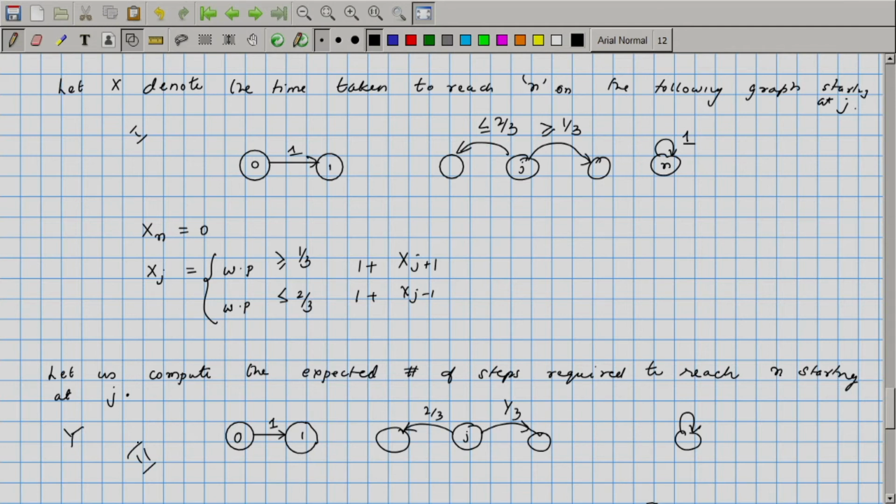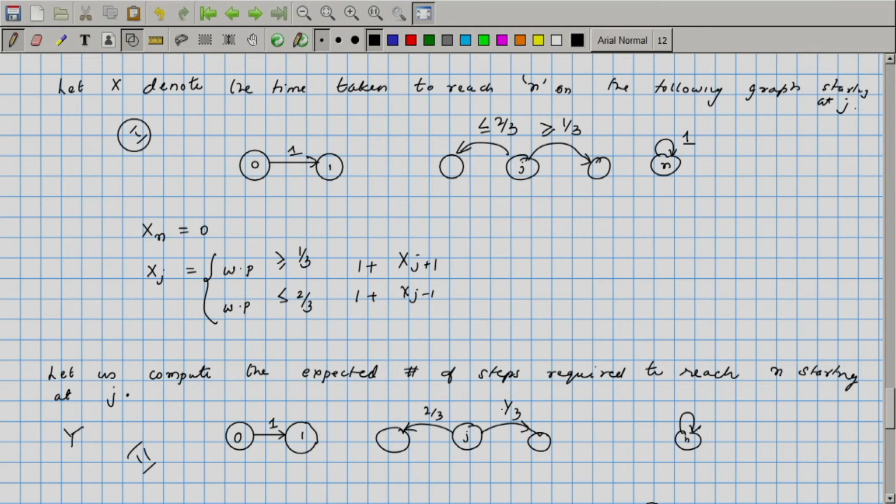The expected time taken by the second random process to reach n starting at any point is going to be surely greater than the expected time taken in the case of the first random process. Okay. Because this is having a tendency to move forward with probability greater than 1/3, this we are putting to be exactly 1/3. Okay.